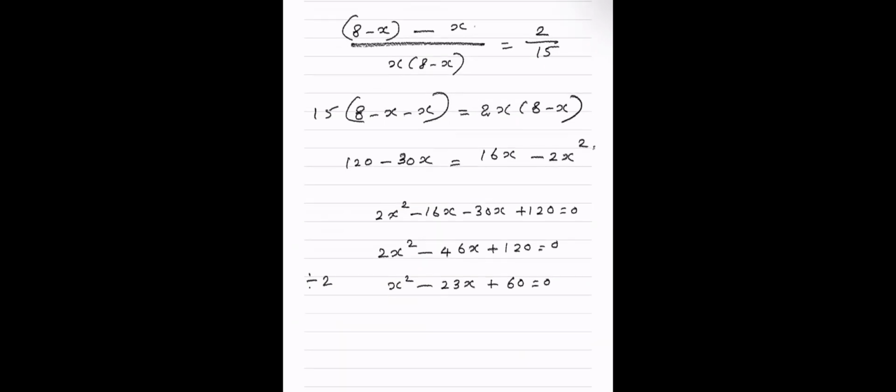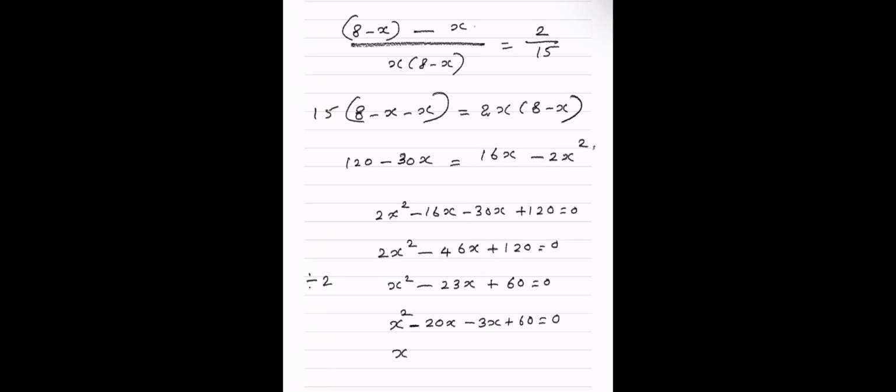This is also very easy. Minus 20 and minus 3 are going to be the factors. So x square minus 20x minus 3x plus 60 equal to 0.